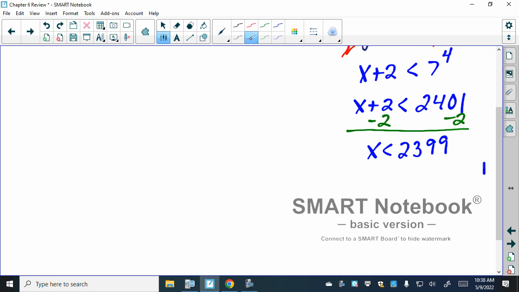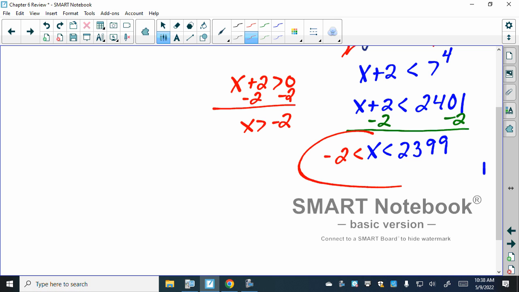So we're saying that x plus 2 has to be greater than 0. Minus 2, so x has to be greater than negative 2. Here, if it had said x is greater than 2,399, then we don't have to worry about it.